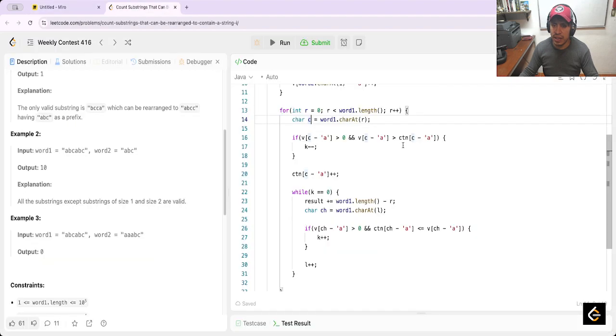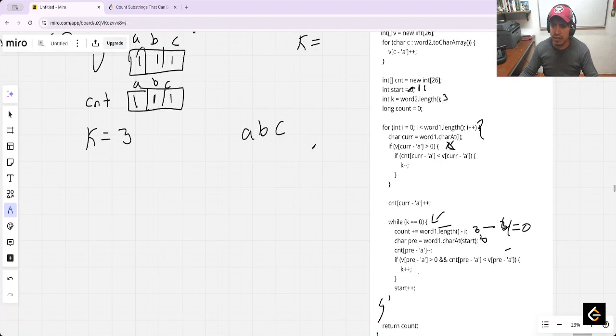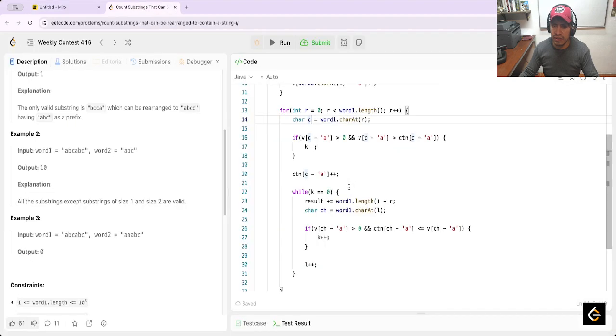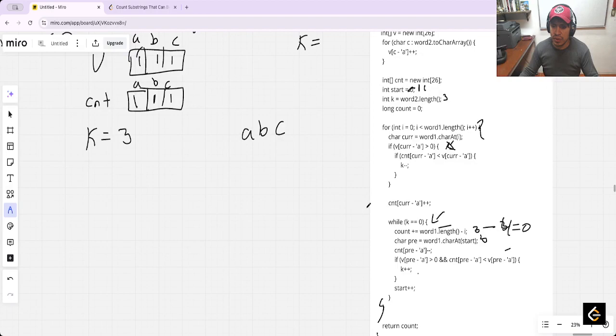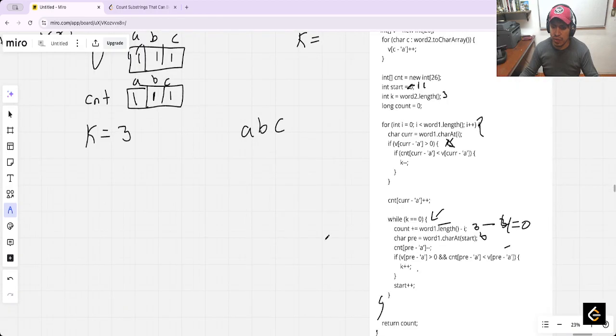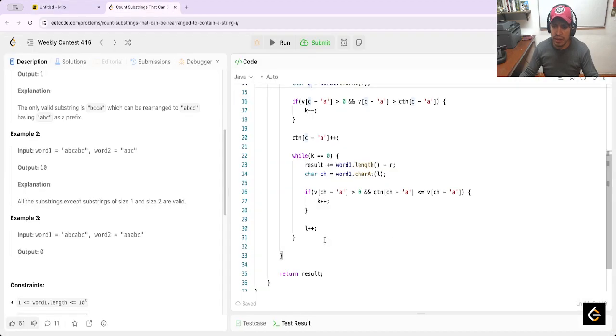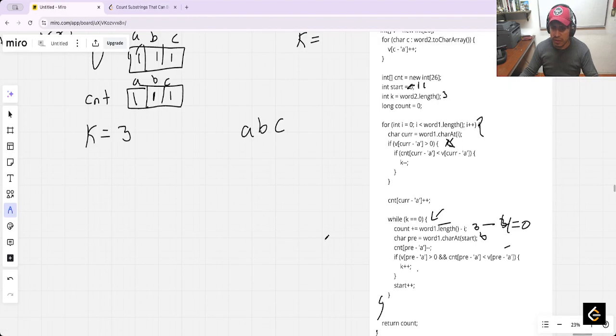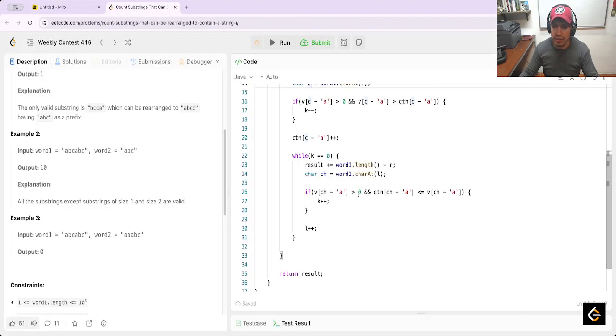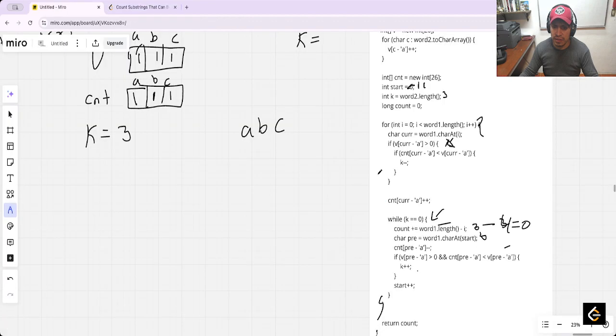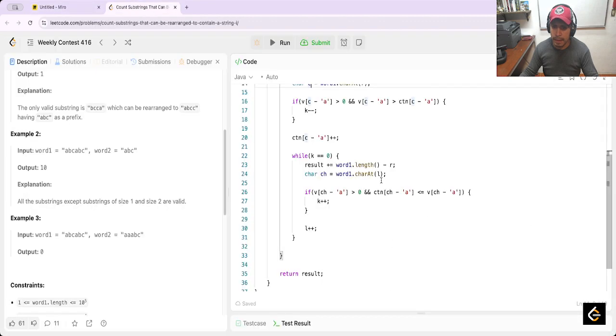Now it validates if this basically is counter current while is 0, counter plus equals word 1 length less L. Now is the character that is this. Okay, yeah, I need to update, because at some moment I am removing this element.